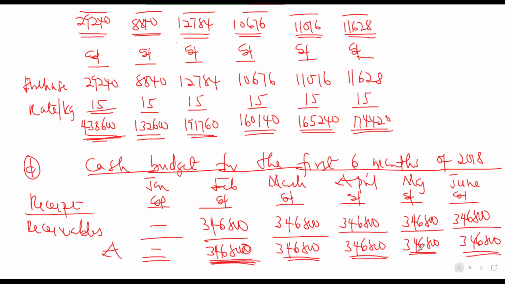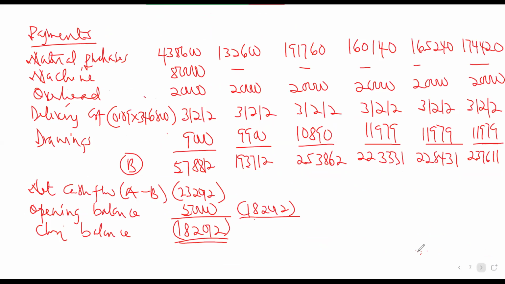There was no receipt in January. So that will be a loss of 578,812. So what will be the difference? That will be 528,812. Is that correct?